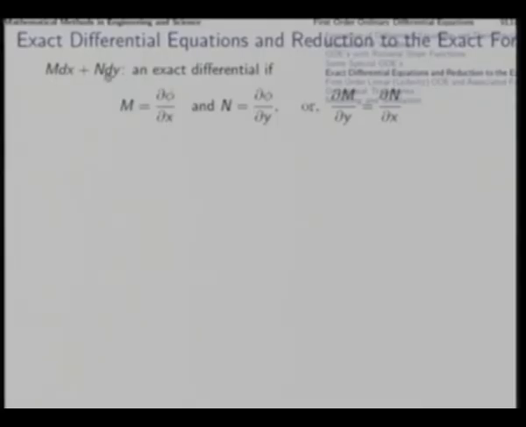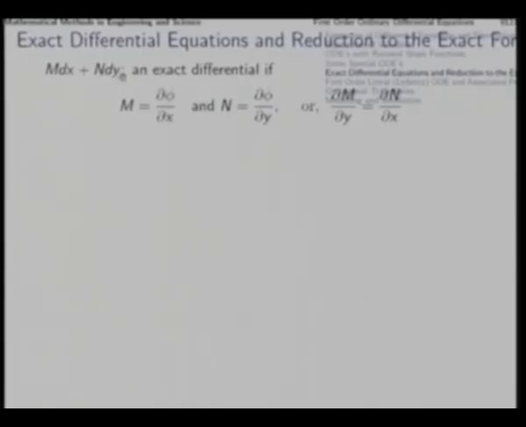Now, we have already seen from our discussions on multivariate calculus that this is called an exact differential if there is some function phi of x y, the partial derivatives of which are m and n: del phi by del x is m, del phi by del y is n.